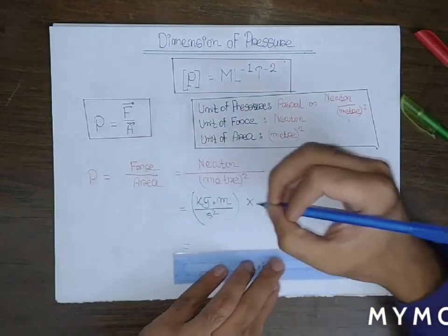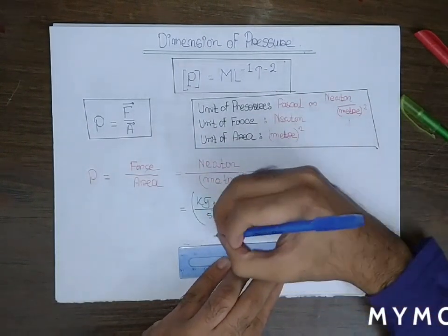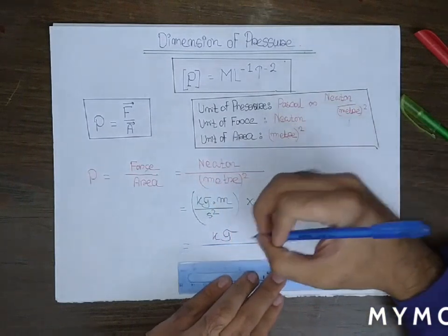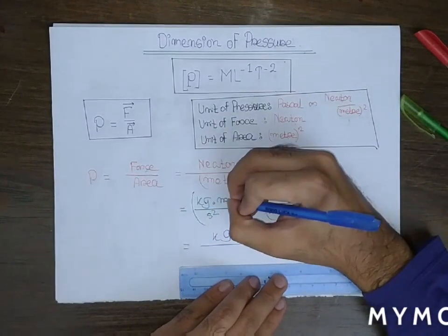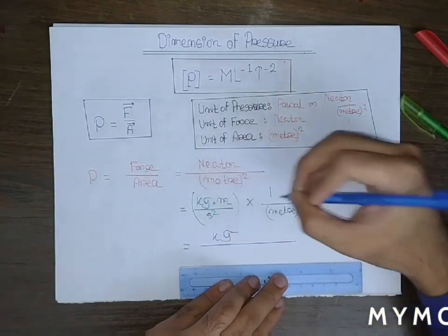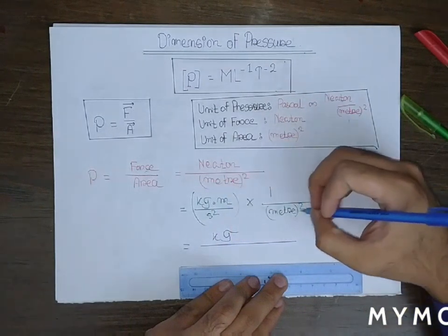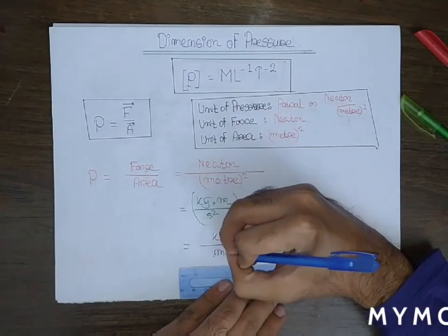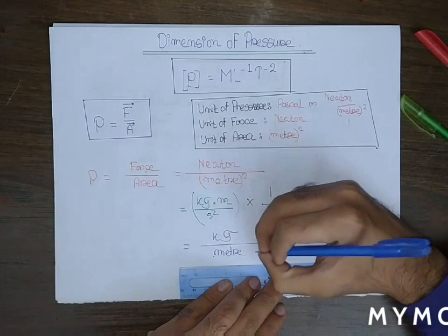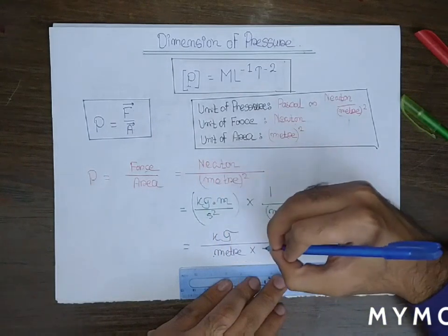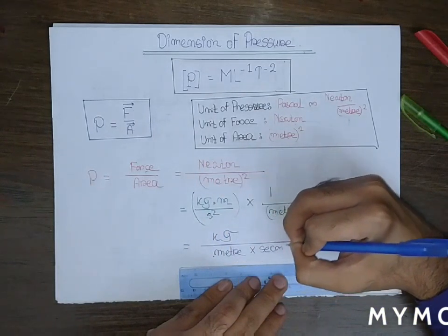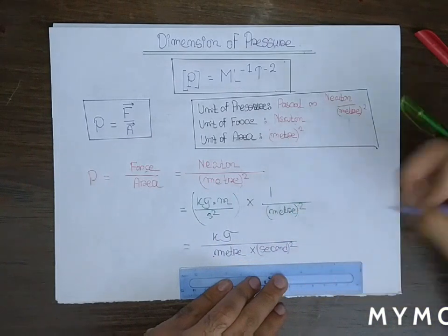If we write it together, then kg meter over meter square, so meter cancel, meter below into second square. Good.